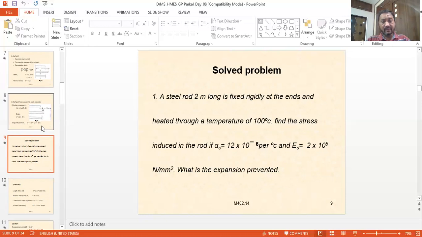Find the stress induced in the rod if alpha s is equal to 12 into 10 power minus 6 per degree centigrade and Es is equal to 2 into 10 power 5 newtons per square millimeter. What is the expansion prevented?